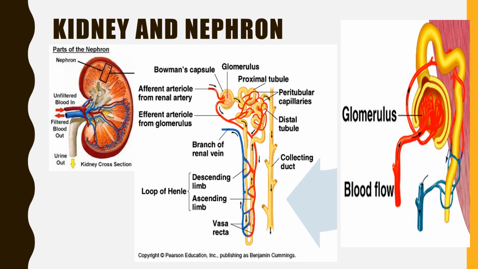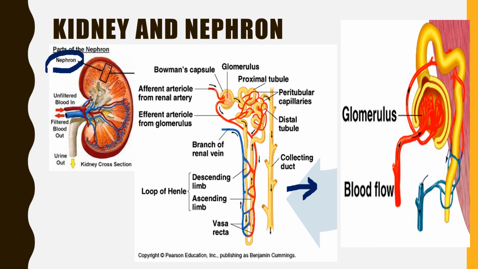Let us look into the inside structure of the kidney. If you cut open the kidney, you find millions of units which are called nephrons. Each nephron has a structure like this, as shown in the diagram.